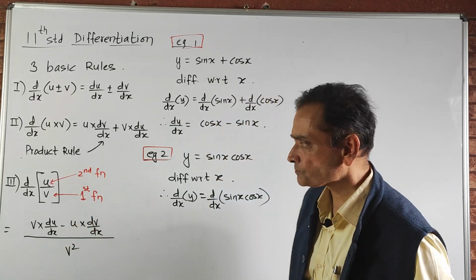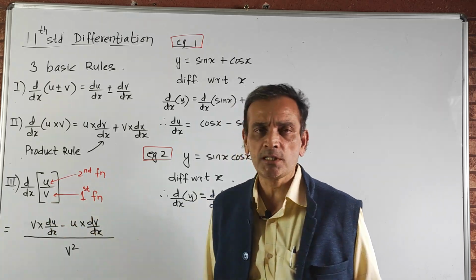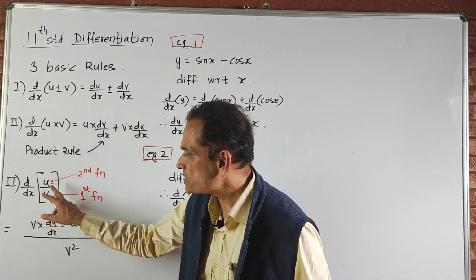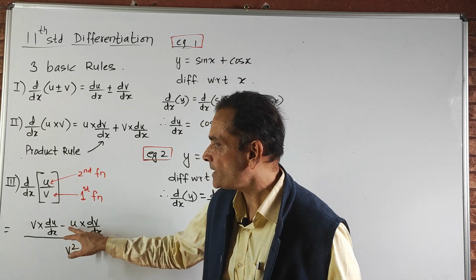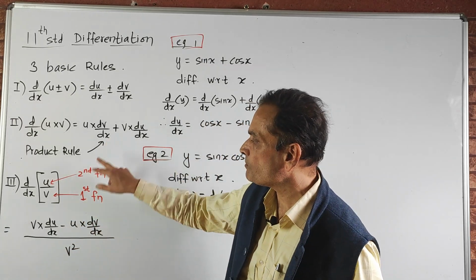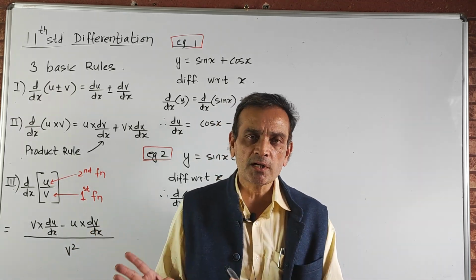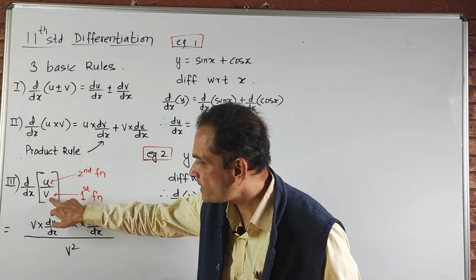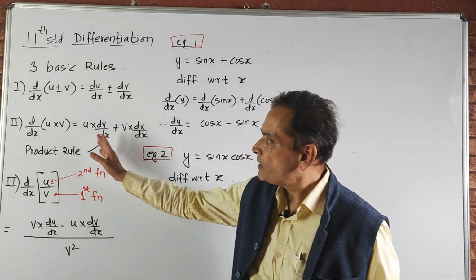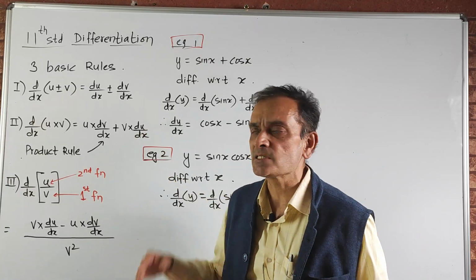See again, call this as the first function, this as the second function. Then you say first function derivative of second minus second function derivative of first. Only difference is you have got minus sign here. And the most important thing, when you say first function derivative of second, this is taken as the first function. यहाँ पे कोई प्रॉब्लम नहीं है, take any one as the first function because you have a plus sign.